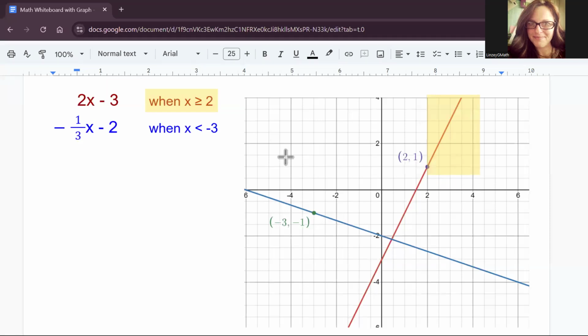When x is greater than or equal to 2. And the second piece, we want when x is less than negative 3, and we would have an open circle on that point.